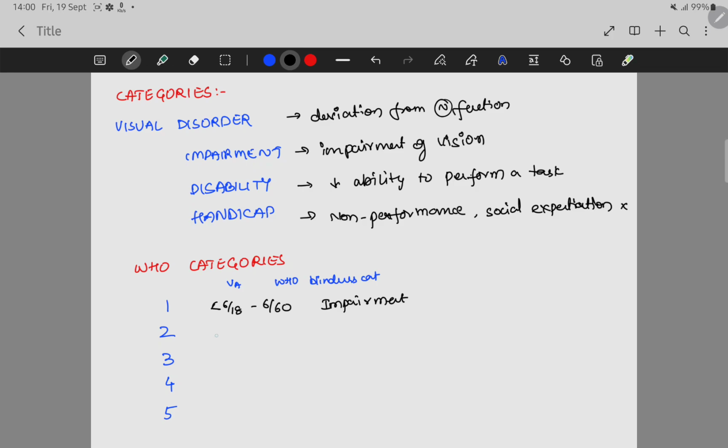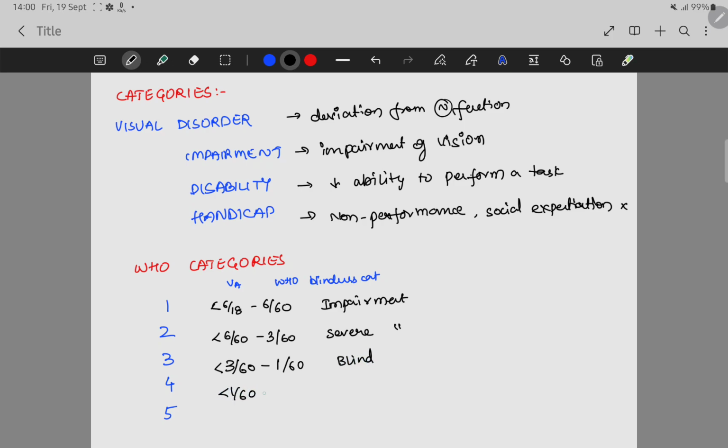Grade 2 is less than 6/60 to 3/60, this is severe impairment. Less than 3/60 to 1/60 is blindness.